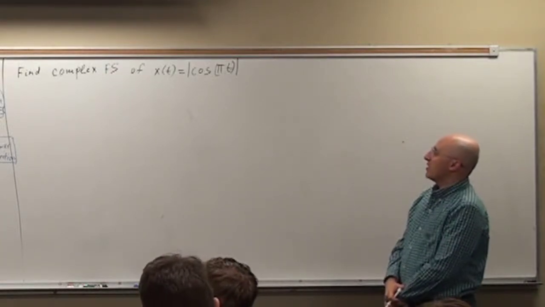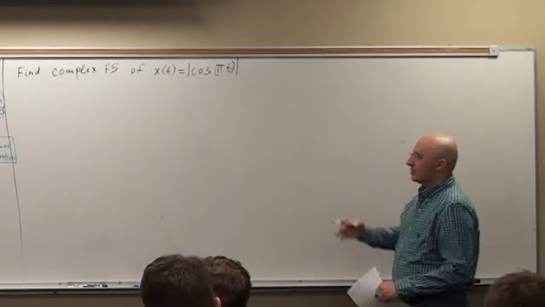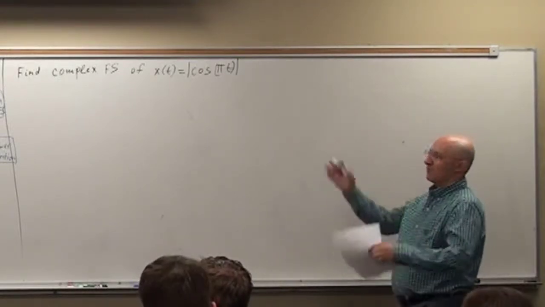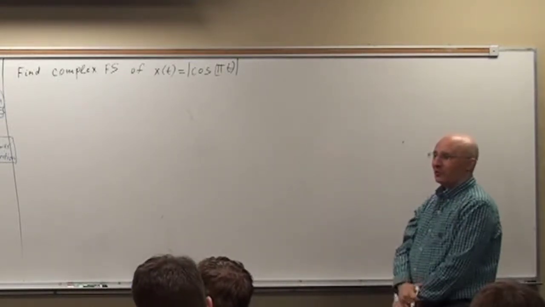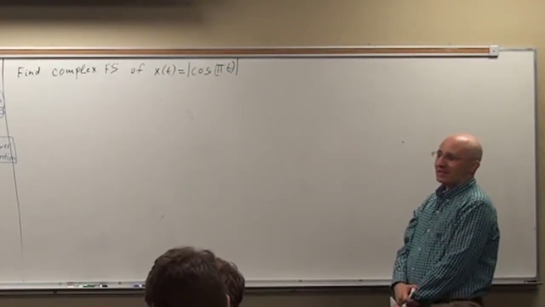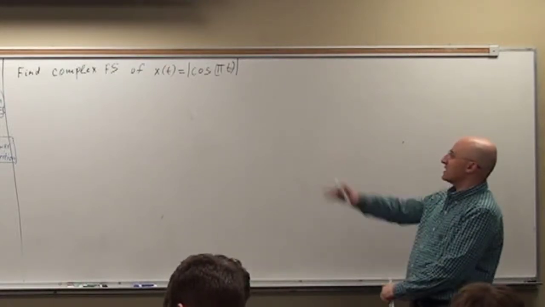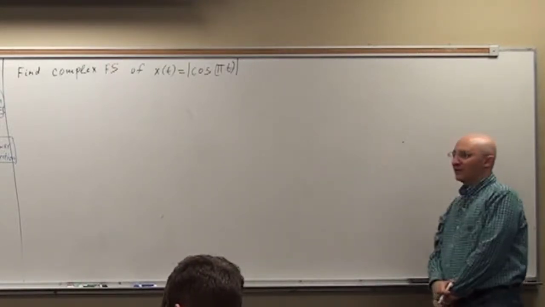And then you need to find the average value of that, to find power, to find all the standard ratios, to draw the amplitude spectrum, phase spectrum, that kind of thing. But let's start with the complex Fourier series of that kind of signal.